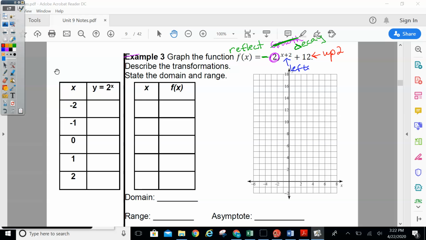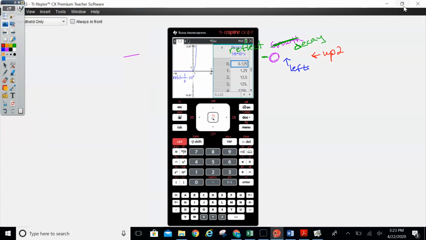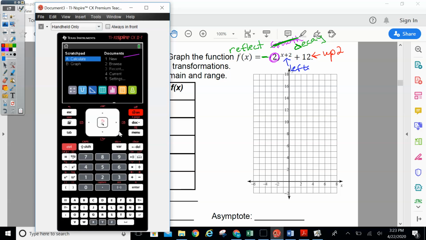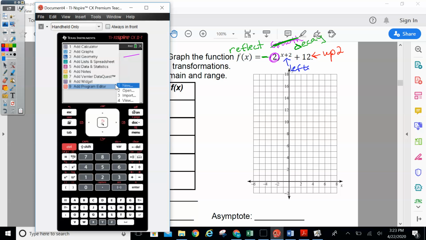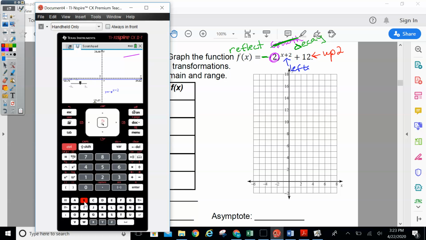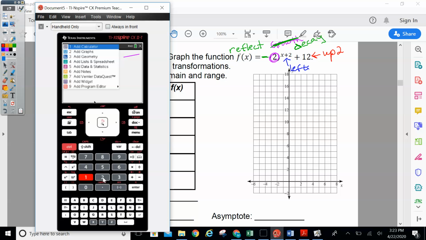Okay, so in the calculator, we want to clear this one. New graph.